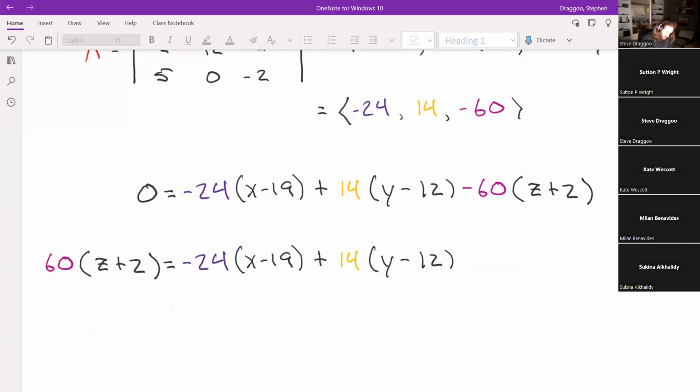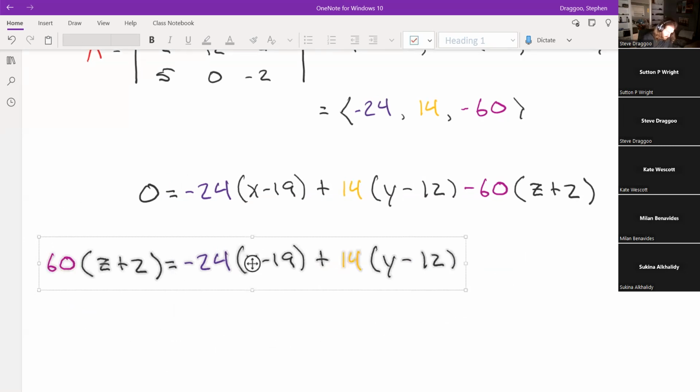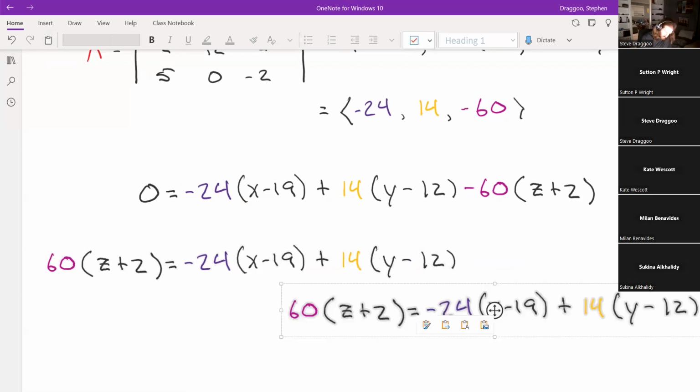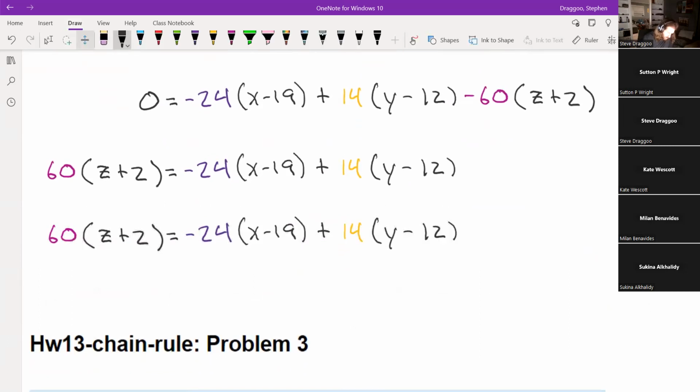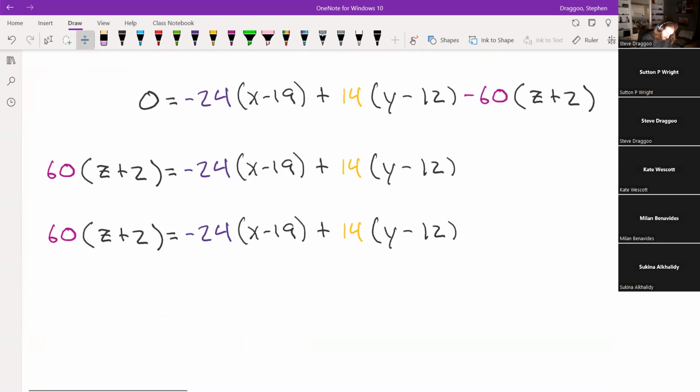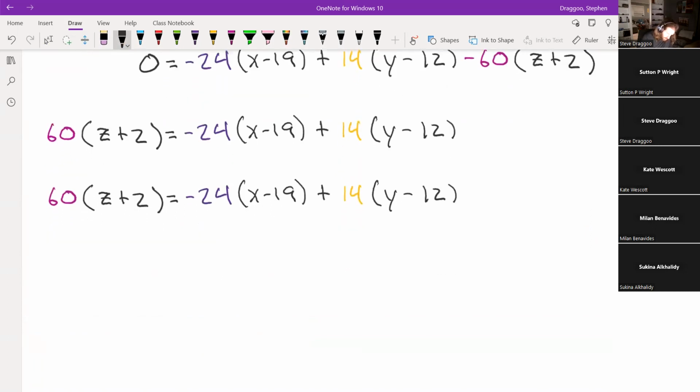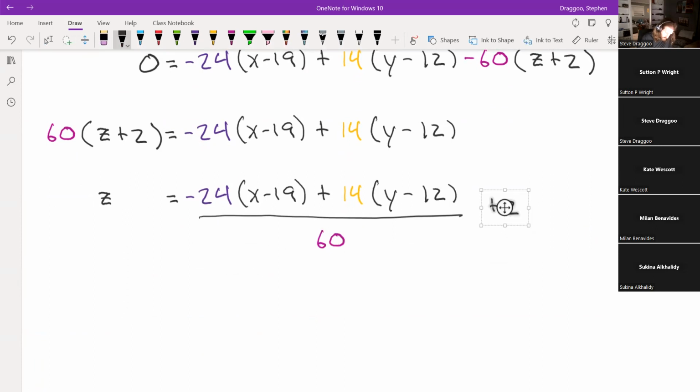Then I'll divide everything by 60. Then I also need to get z by itself, so I'll move the 2 over. Moving it over, it becomes negative. And hey, look, I've got z equals some equation.